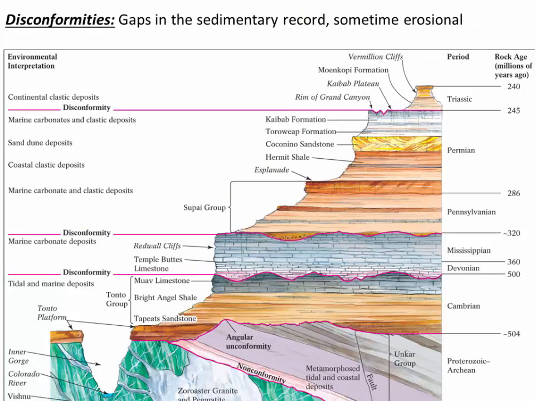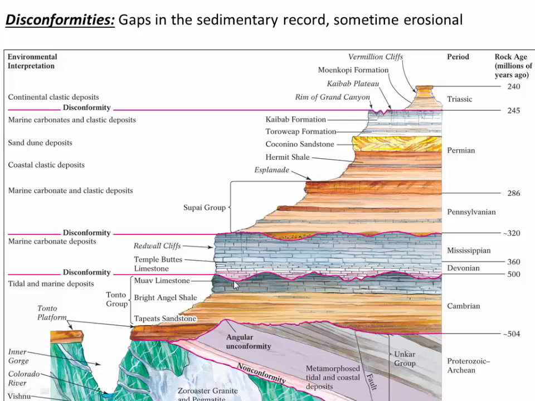However, that record isn't always continuous. We know that sedimentary units are accumulating over time, so they're a record of time, but there's also gaps, and we call these gaps disconformities. These are places where one unit is usually truncated and another unit is deposited right on top of it.